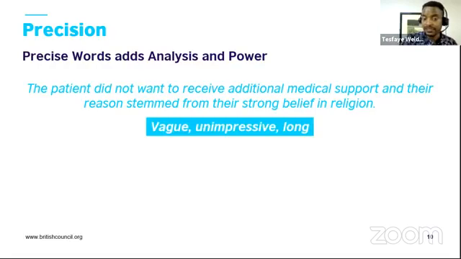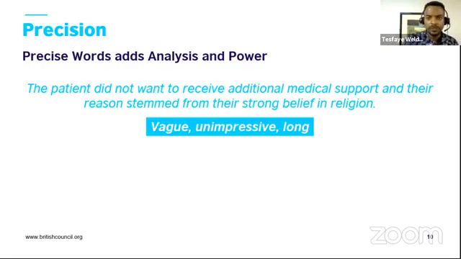It's vague, unimpressive, and long. The patient did not want to receive additional medical support, and the reason stemmed from their strong belief in religion. Grammatically correct, but too long, not so impressive, and a bit unclear.